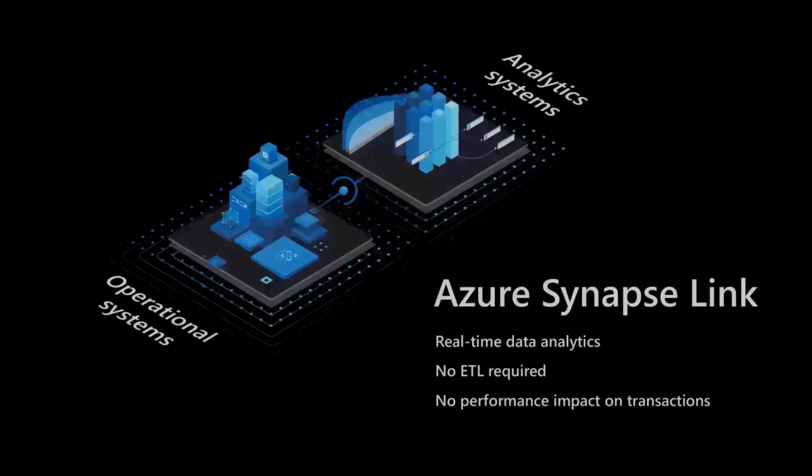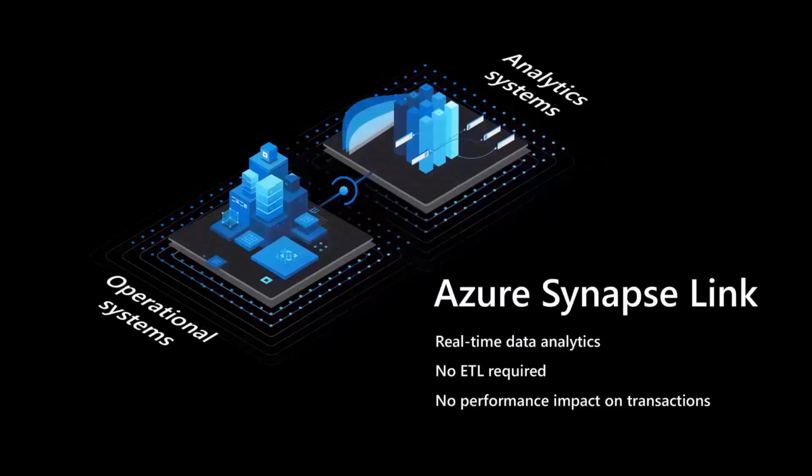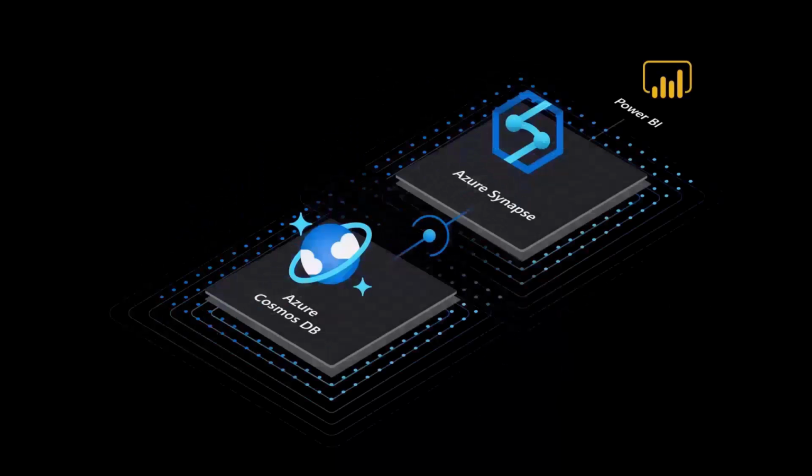Cool. Synapse Link. It's the first cloud-native HTAP service, and that allows you to run real-time analytical queries against your cloud-based OLTP systems, like MongoDB. The first one that we've integrated with is Cosmos DB.